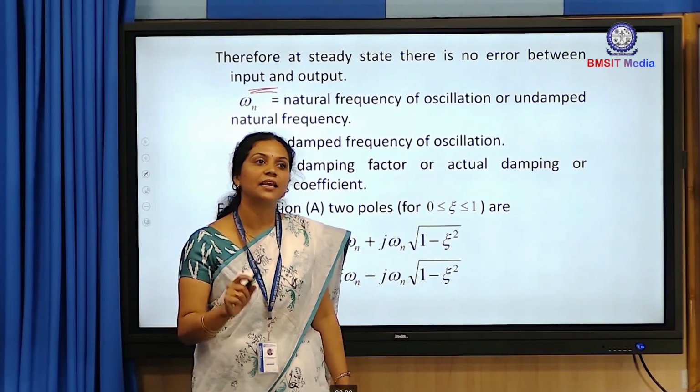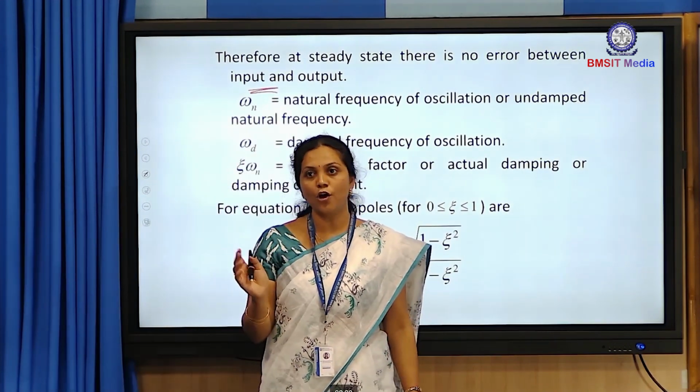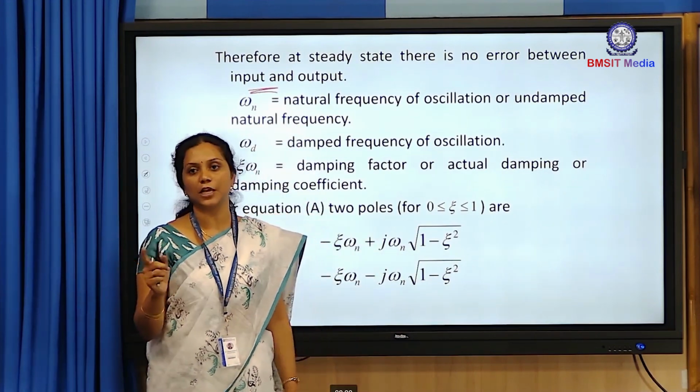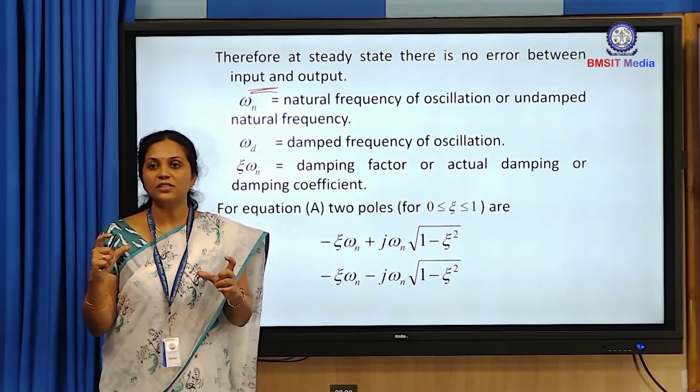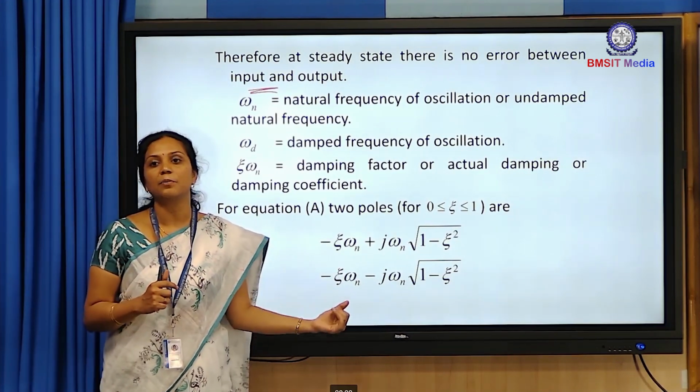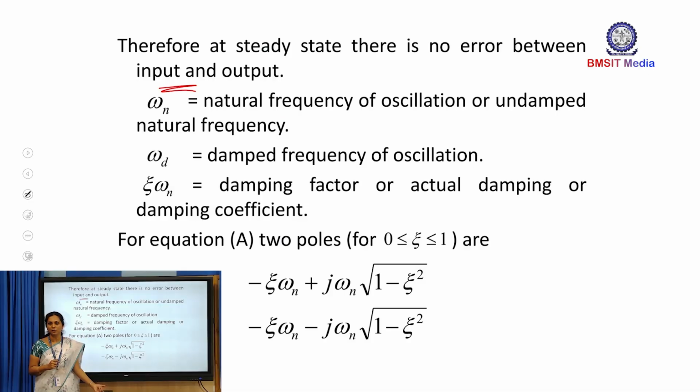Whether the value of zeta is equal to 1, equal to 0, between 0 to 1, or between infinity to 0, whatever values we give to zeta, how the system will perform is what we need to see now.